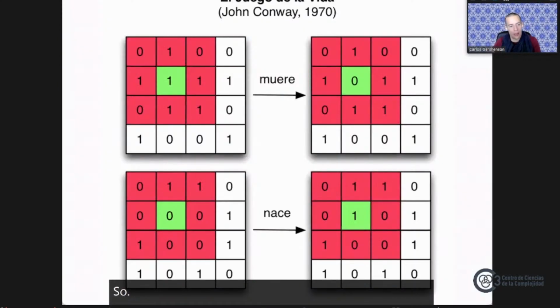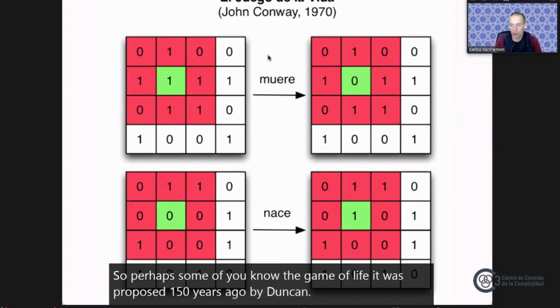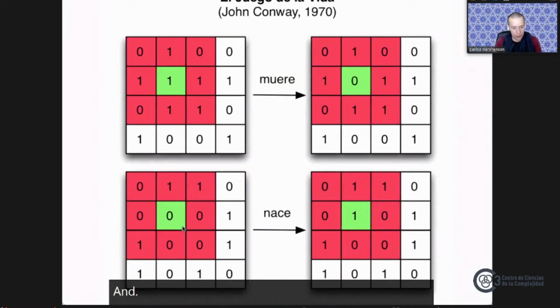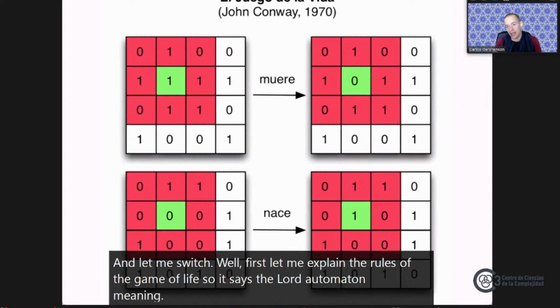So perhaps some of you know the Game of Life. It was proposed more than 50 years ago by John Conway, who died a couple of years ago. Let me first explain the rules of the Game of Life. It's a cellular automaton, meaning that it has cells.